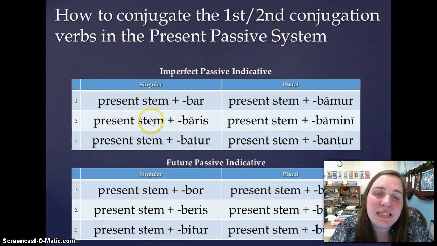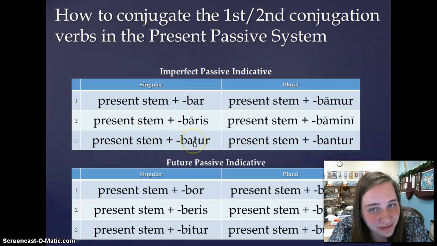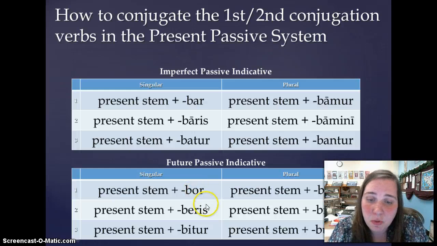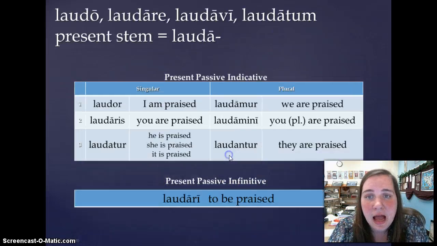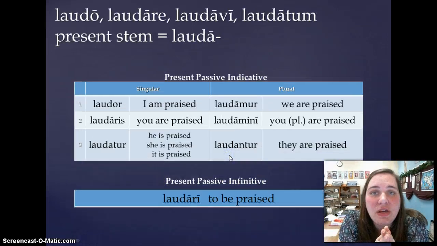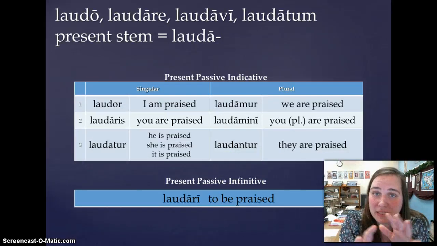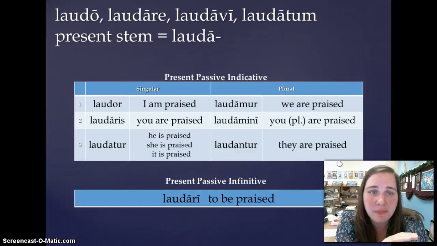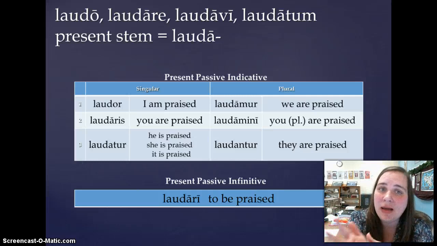You need your present stem, and then you need the imperfect passive endings: bar, baris, batur, bamur, bamini, bantur. And then for the future passive, present stem plus the future passive indicative endings: bor, beris, bitur, bimur, bimini, buntur. Okay? All right, let's look at how we use this pattern to conjugate a real first conjugation verb, laudo, laudare, laudavi, laudatum.